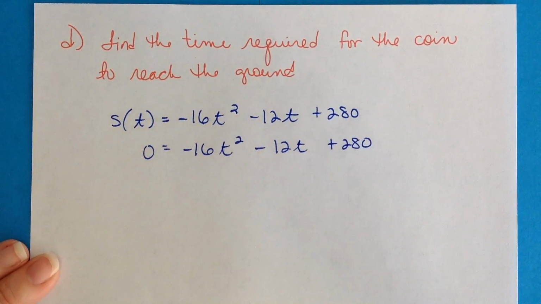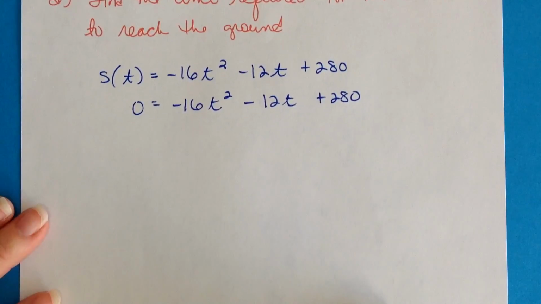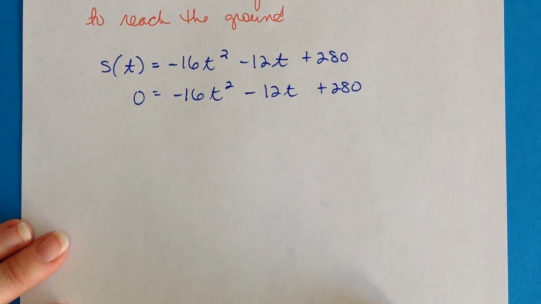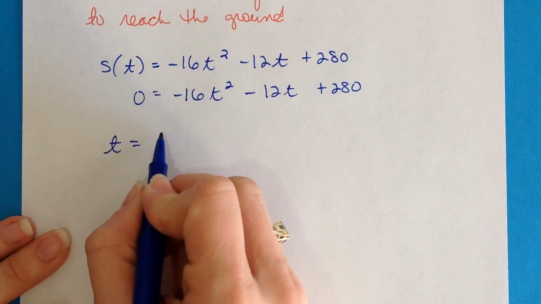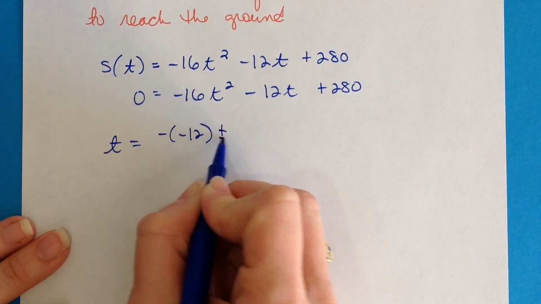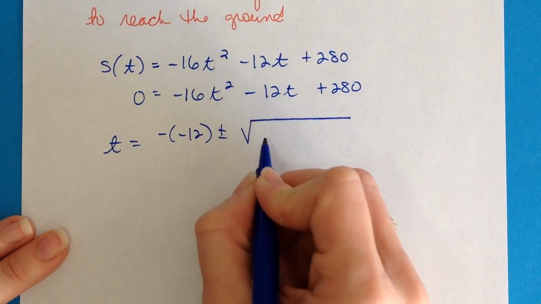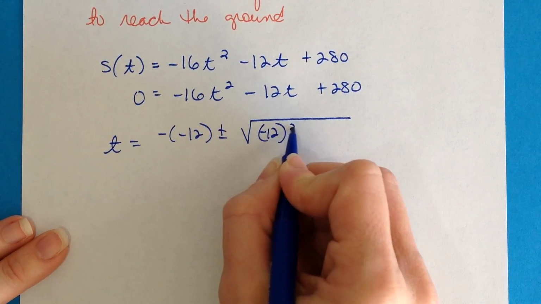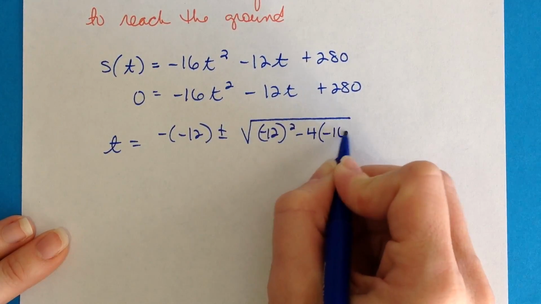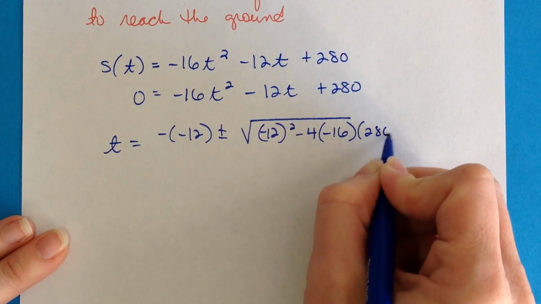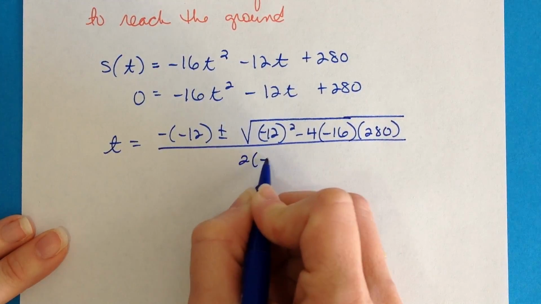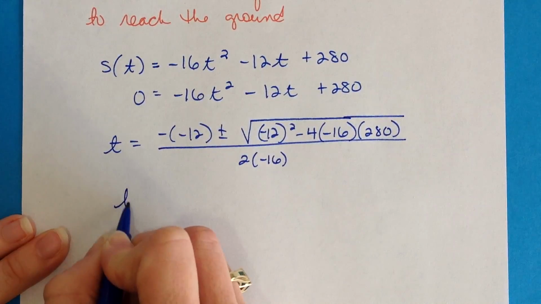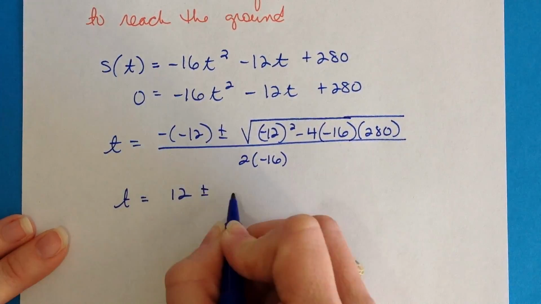Now, you can try to factor this. I don't know if it factors or not. I'm just going to use the quadratic formula. So I would have this. Okay, so simplifying this just a little bit.